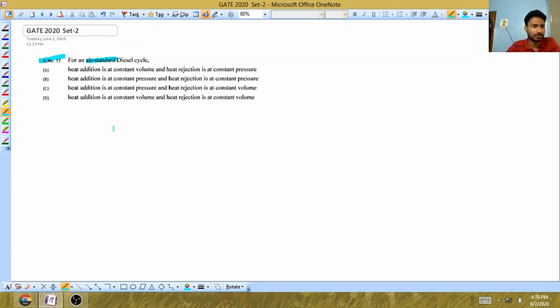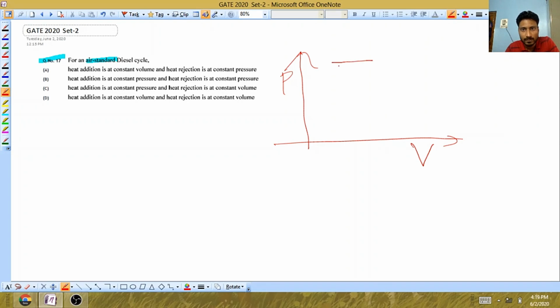So we all know that for the diesel cycle we have a PV diagram as this.